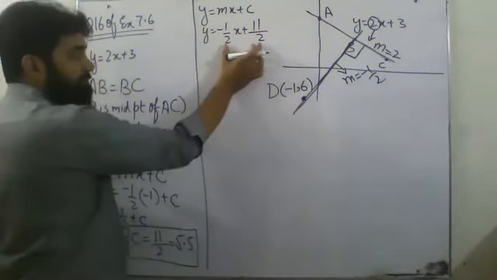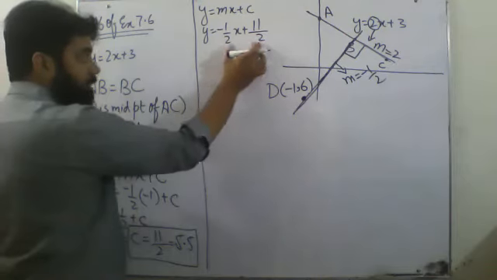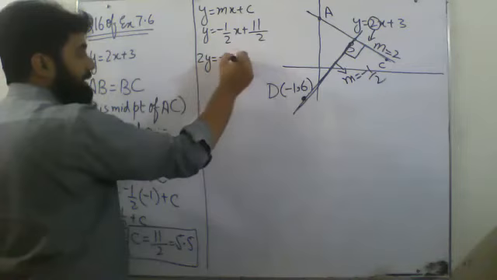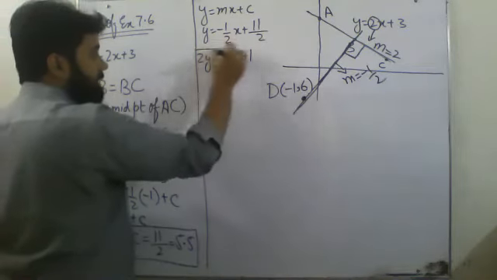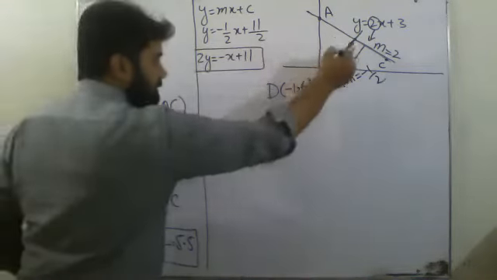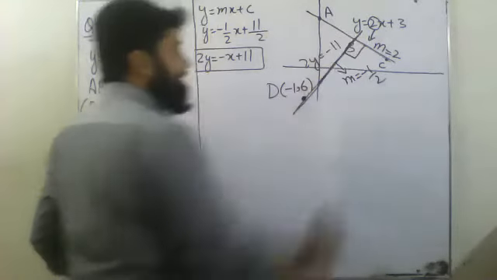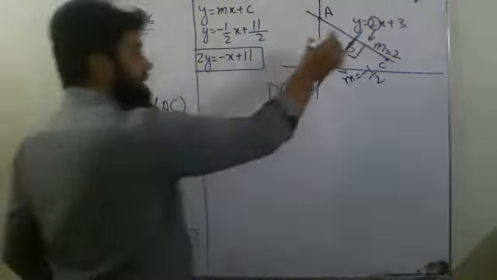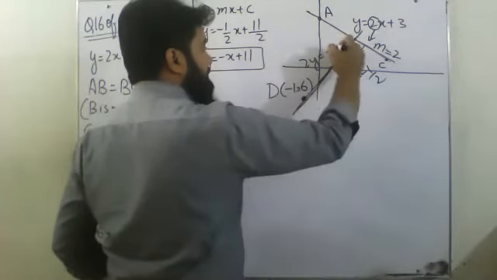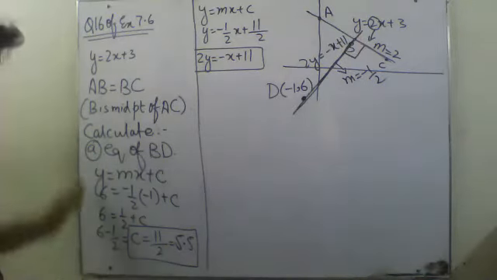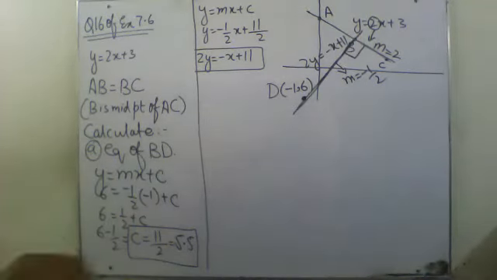Both of them have 2 in the denominator, so 2 can be shifted over here. 2y equals minus x plus 11. That's the equation of this line, 2y equals minus x plus 11. That's my part A.